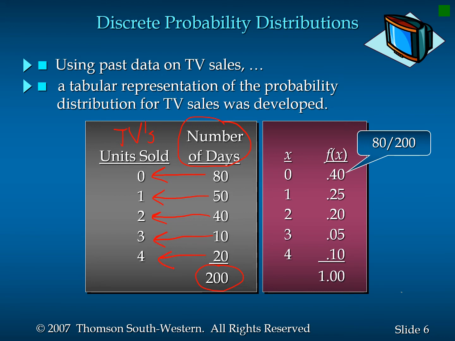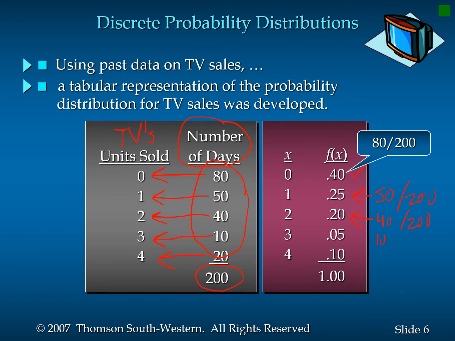Then they took these numbers and converted them into a relative frequency or probability by simply taking 80 divided by 200, which gives 0.40. They took 50 divided by 200 and got 0.25. They took 40 divided by 200 and got 0.2.